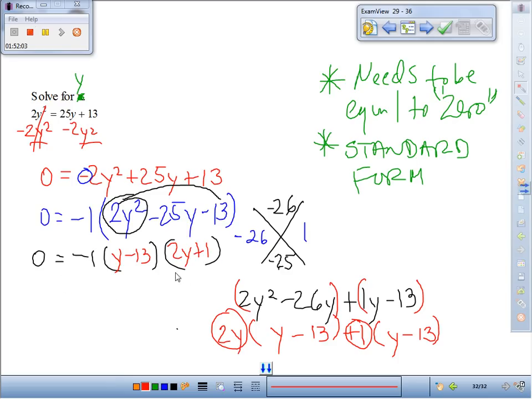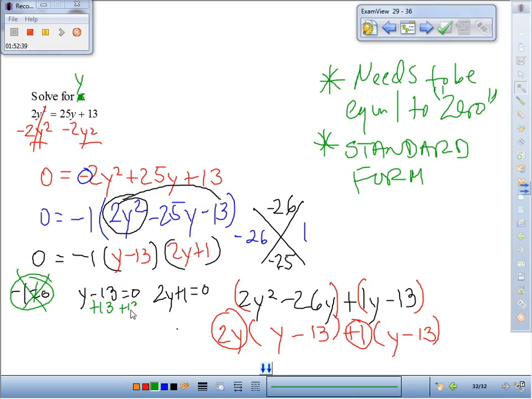So to solve this, we need to set each factor equal to 0. So here we go. What is my first factor? Negative 1 equal to 0. What's my second factor? Y minus 13 equal to 0. What is my third factor? 2y plus 1 equal to 0. So, is this one true? No. That's why we do not use this one. But we solve these, don't we? So here, what do we do here?